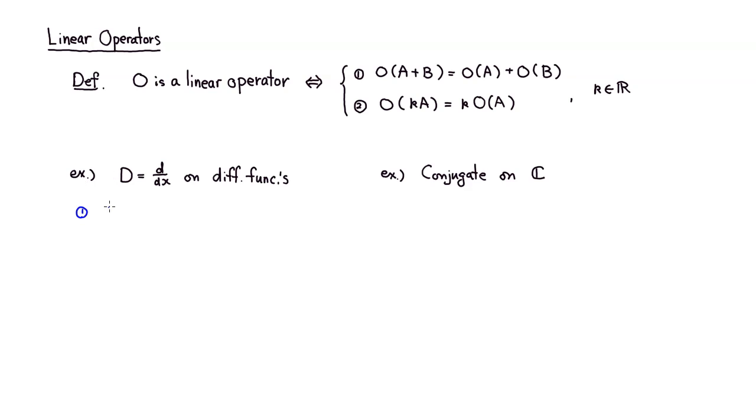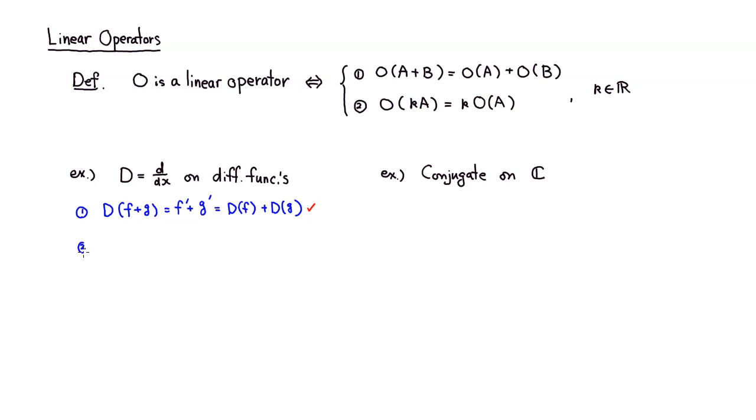If you apply the derivative to the sum of two functions, f of x and g of x, this is just going to be f prime plus g prime, which is the same thing as the derivative of f plus the derivative of g. So this verifies the first condition.